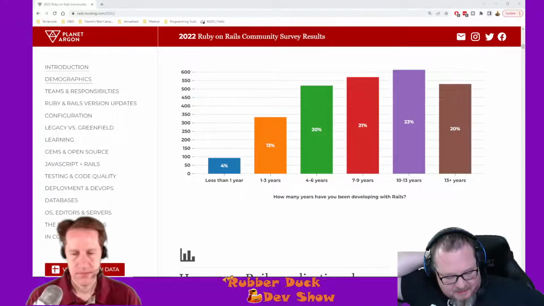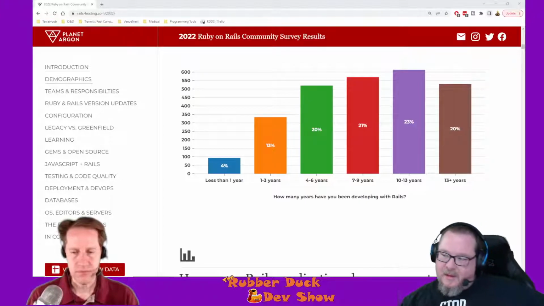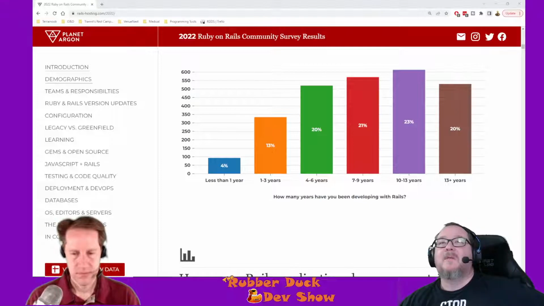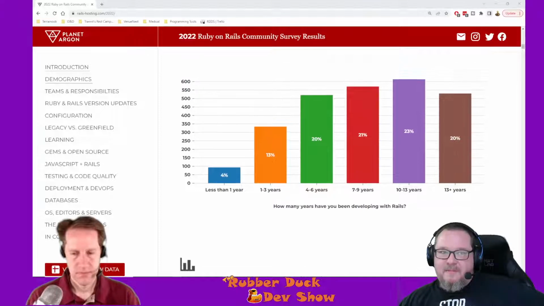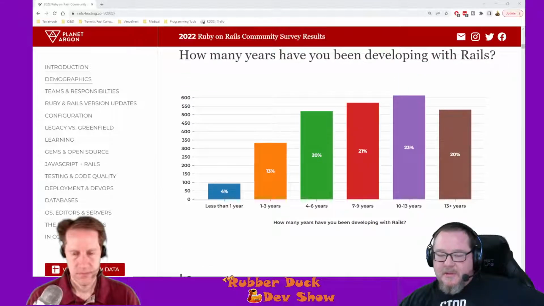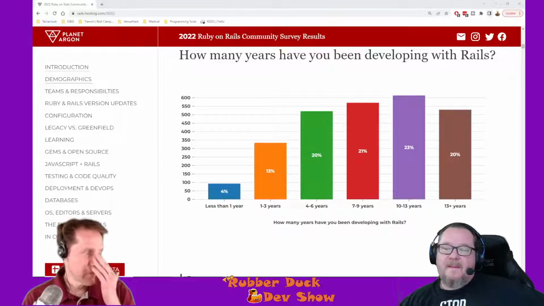But the fact that there's a lack of new growth, I wonder if that has to do with the propensity for developers to grab onto the latest and greatest and be kind of bleeding edge folks. I think some of it's that.